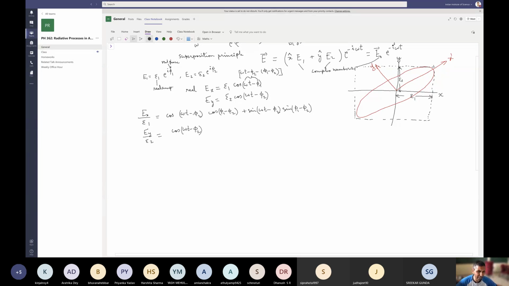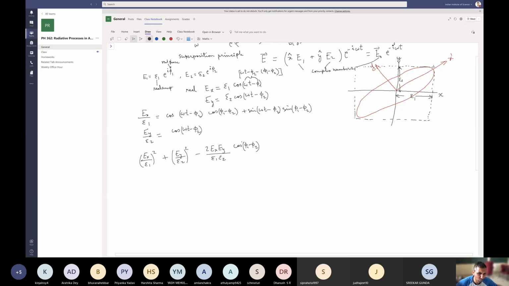Now we want to eliminate omega t minus phi 2 from the relation between Ex and Ey, and you can see that omega t minus phi 2 is nicely appearing separately here. So how do we do that? If we do Ex by epsilon 1 squared plus Ey by epsilon 2 squared minus twice Ex Ey by epsilon 1 epsilon 2 cos phi 1 minus phi 2.